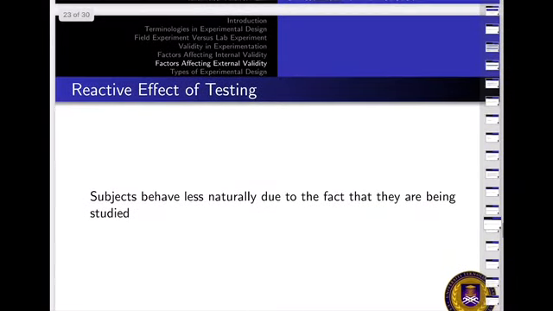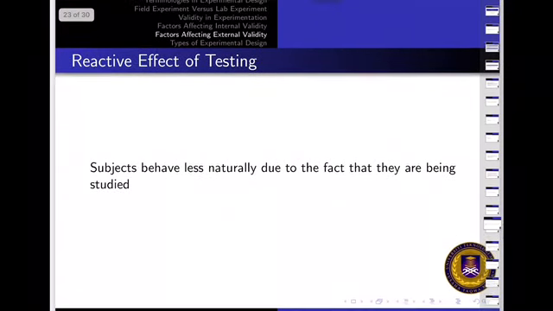Okay, the next one, factors affecting the external validity. Let me remind you, external validity is when research or experiments are done under a lab setting, an artificial setting, and you want to know whether the same thing will happen under a natural setting. The first factor is the reactive effect of testing. Subjects behave less naturally due to the fact that they are being studied.